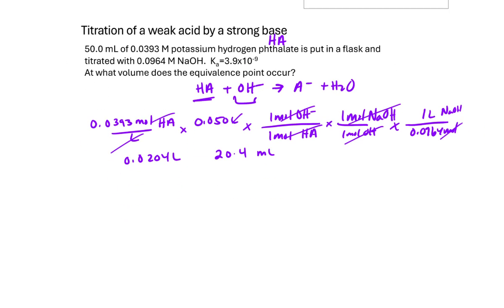Inevitably, some of you may be tempted to use the dilution equation to solve this problem. You can't technically do that.